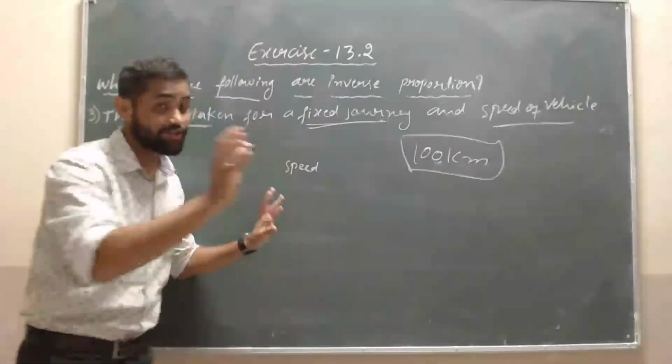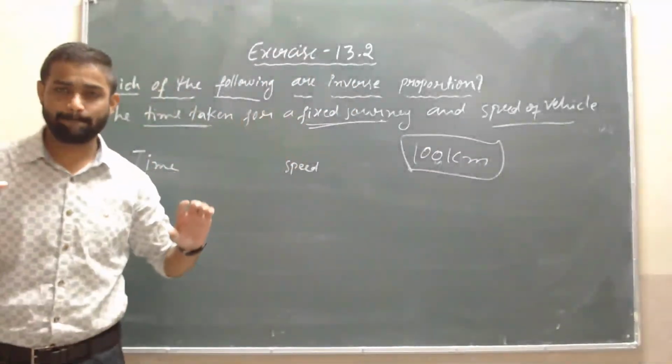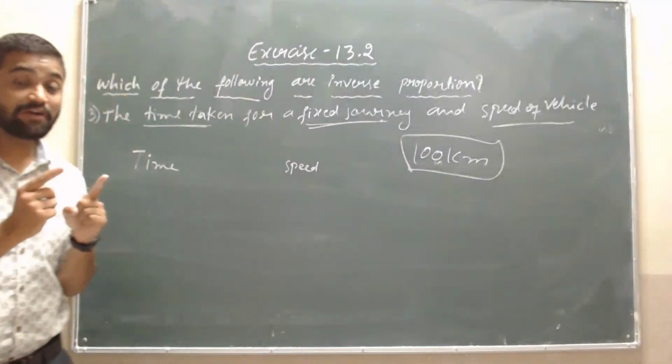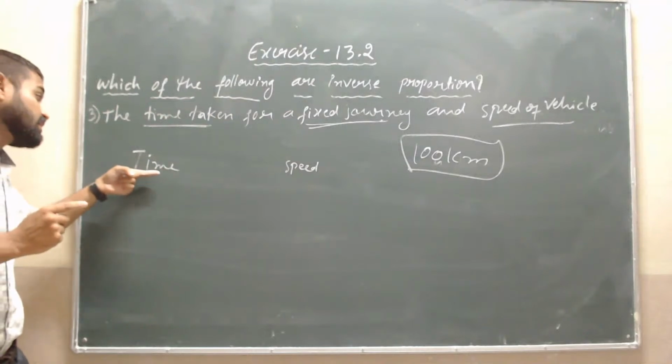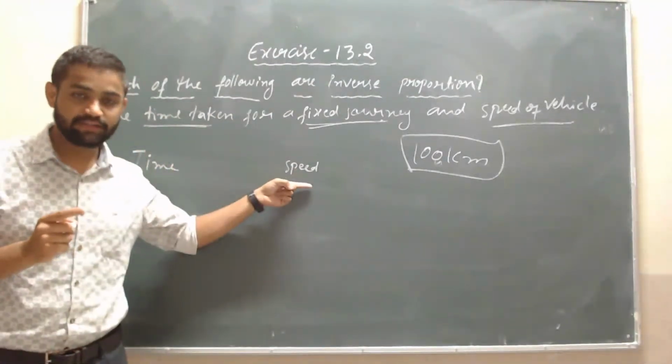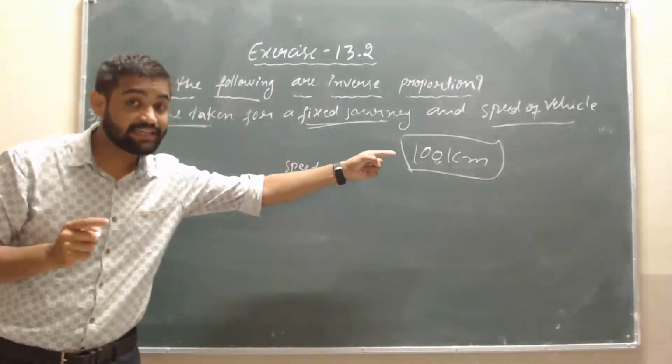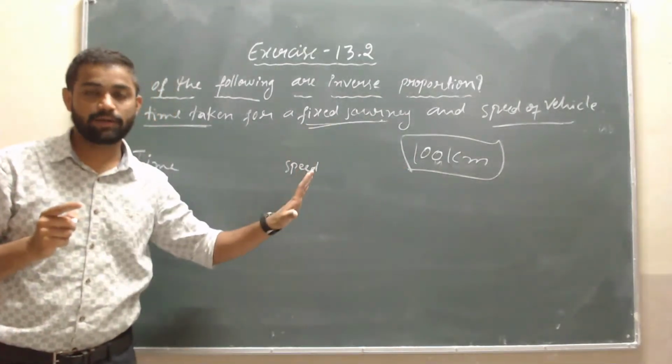So 100 kilometers is the fixed journey. Now we have to conclude whether the time and speed to complete that journey are directly proportional or not.